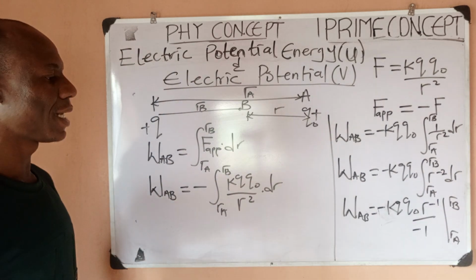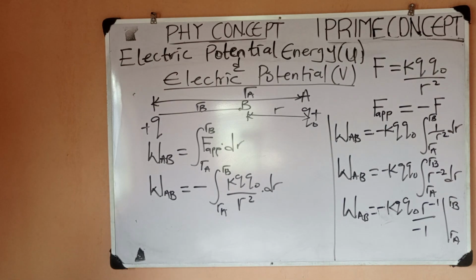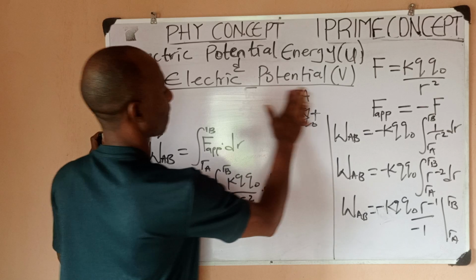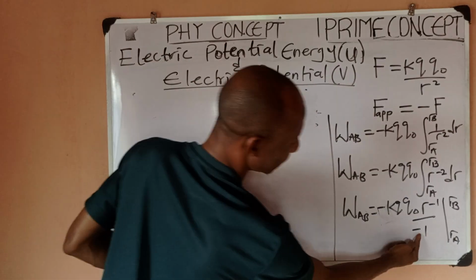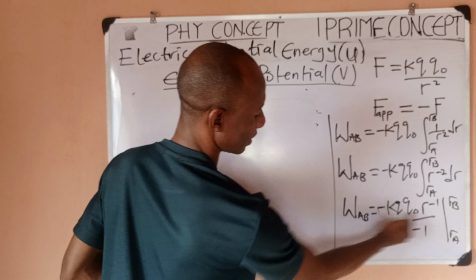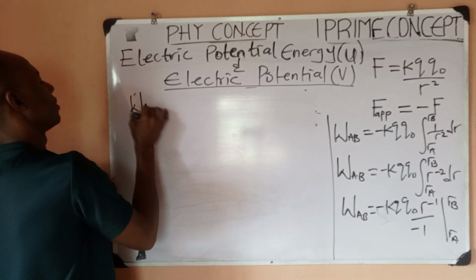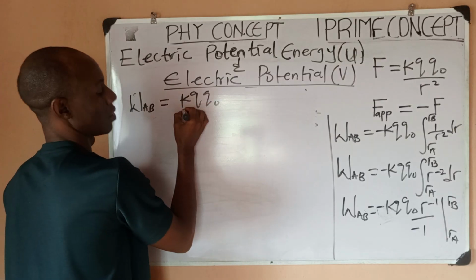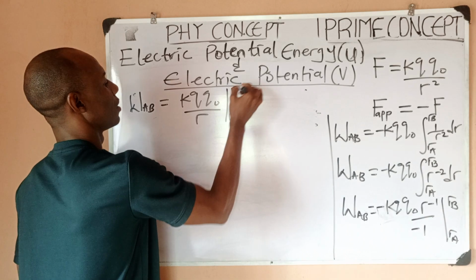So that if I finally evaluate that, I would have that this negative would cancel this one, right? And R to power minus 1 is 1 over R. I would have this equals KQQ naught divided by R, right? From point A to point B.